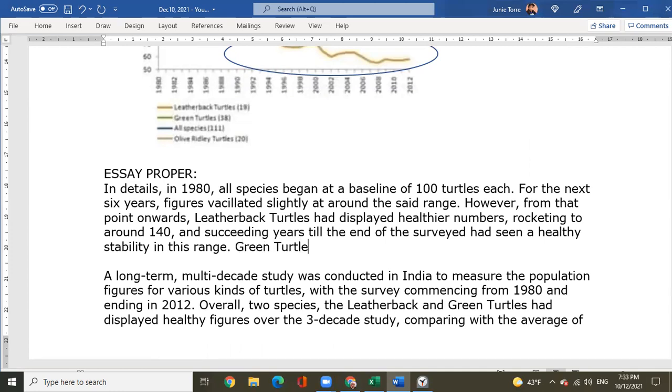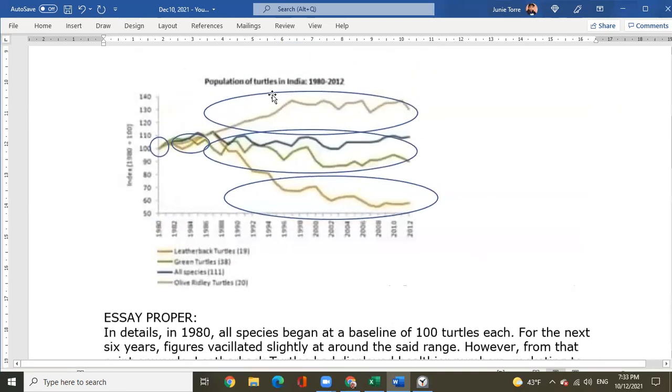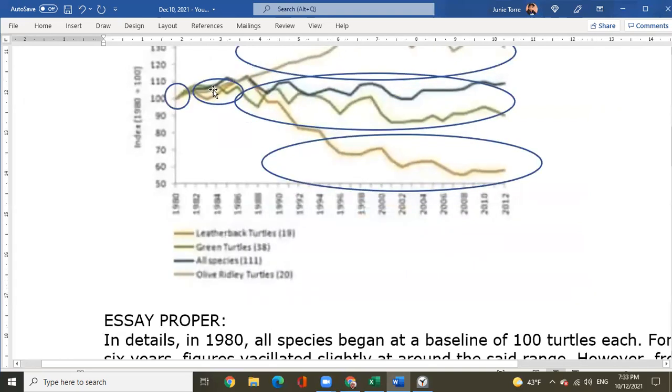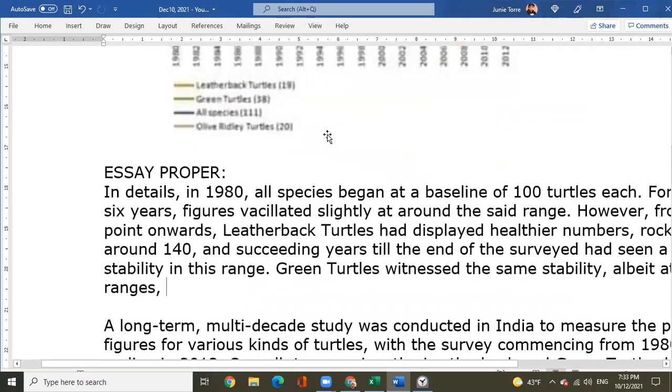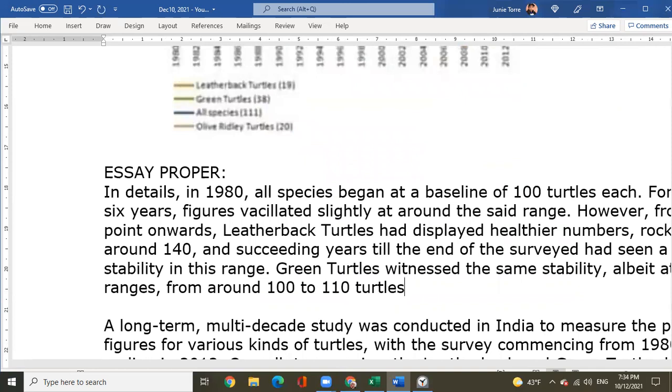Green turtles witnessed the same stability, albeit at lower ranges. So we will just put a range from around 100 to 110 turtles.